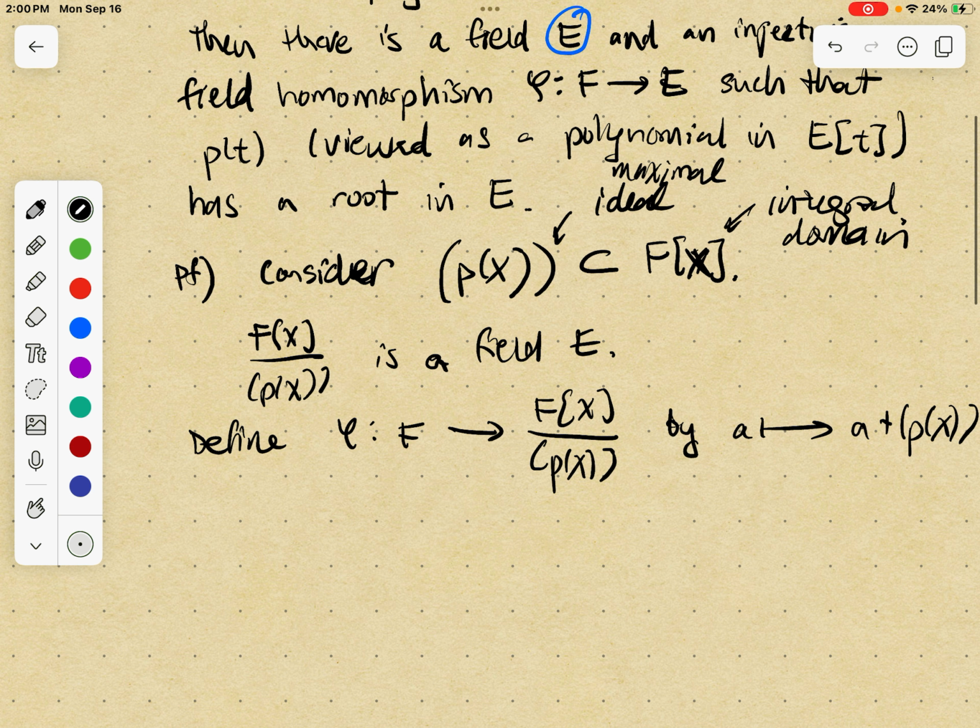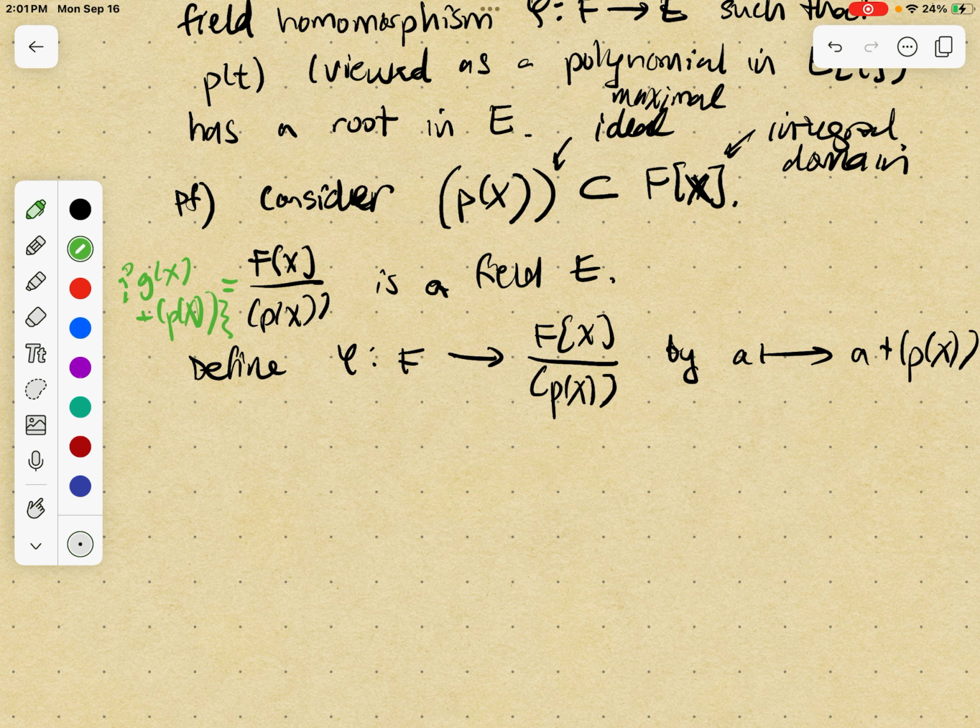Just a reminder that the elements of this set are of the form g of x plus the ideal generated by p of x. It's what you get by taking the set of equivalence classes where g of x and h of x are equivalent if their difference is in the ideal generated by p of x.